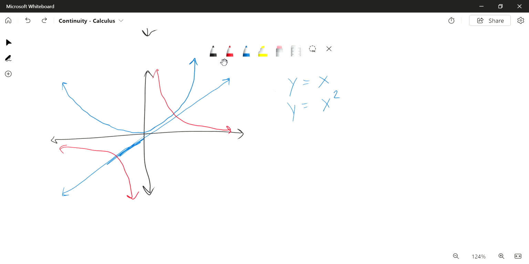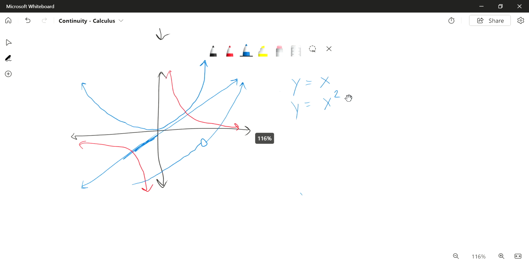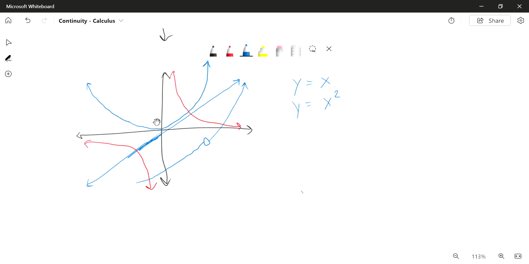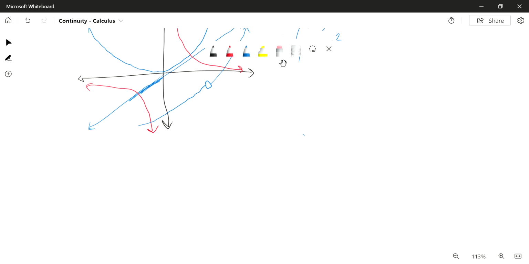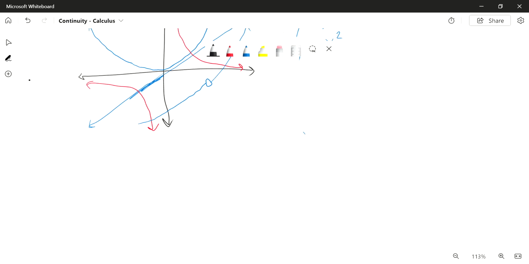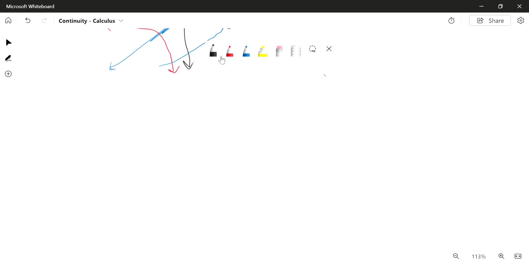Likewise, if a function has a hole in it, it's not continuous because the hole implies that it is not defined at that certain point. These two are discontinuities. So now we know what continuous functions are. Let's go into the types of discontinuities you can encounter.